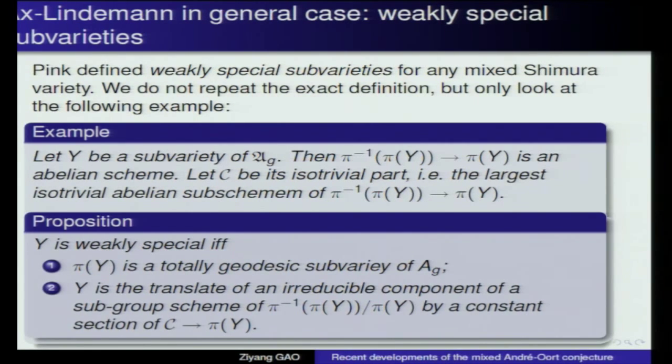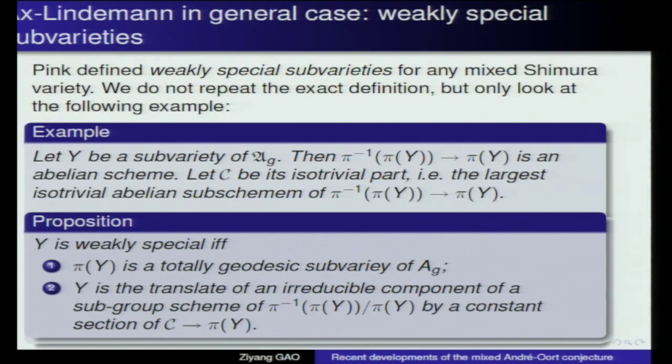First, in the base, it is a totally geodesic subvariety. This part is proved by Ben Moonen. And the second part says something about how it behaves in the fiber. Then this Y is the translate of an irreducible component of a subgroup scheme. This is the one for the special case. But here we also allow a translation by a constant section for the isotrivial part.